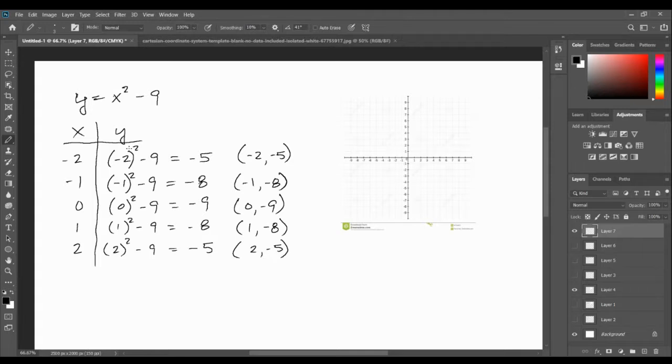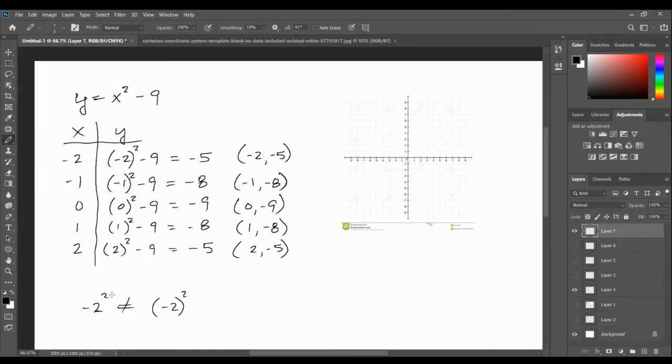Now I do want to caution you where I'm squaring these negatives. If you're using your calculator and you just type negative 2 squared, that is not the same as negative 2 quantity squared. Because of our order of operations, our PEMDAS, we've got parentheses, exponents, then multiply, divide.